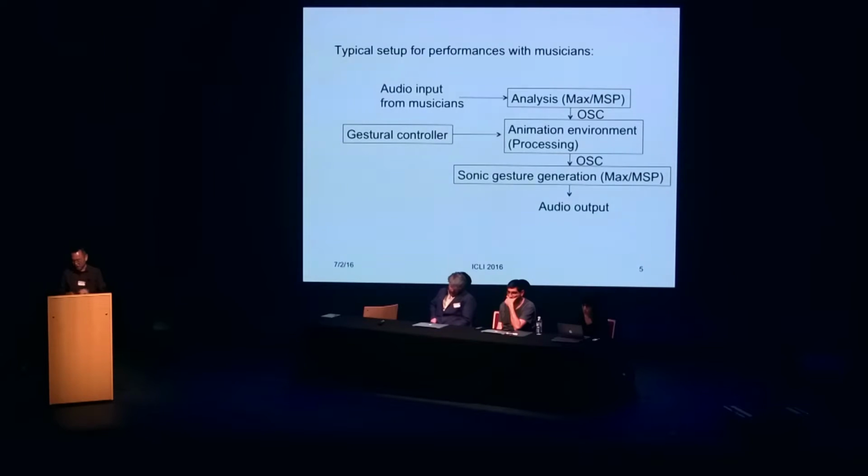My setup is something like this. It's fairly typical. There's audio input from the musicians, and the sound is analyzed with Max/MSP, and various descriptors get sent to the animation environment, which also responds to gestural controllers. Then video comes out of it, and also sometimes sound, depending on the system.